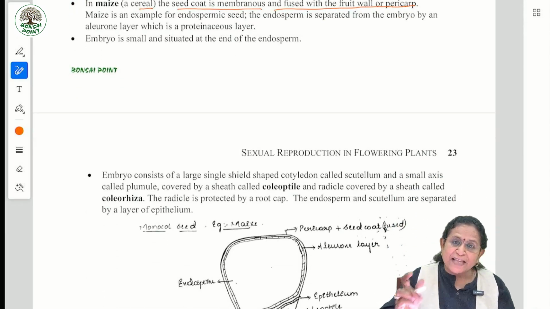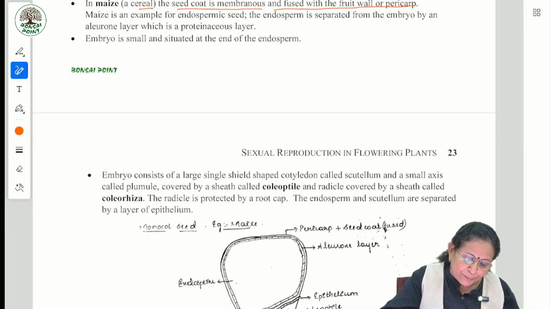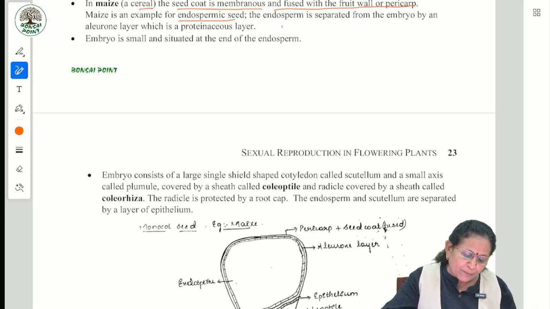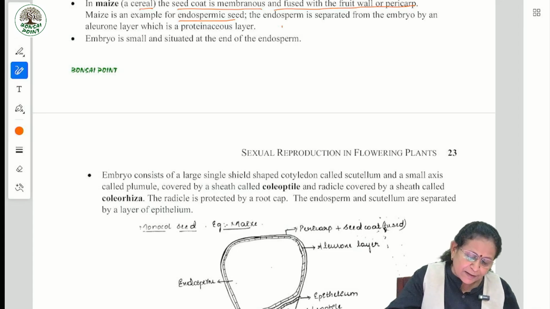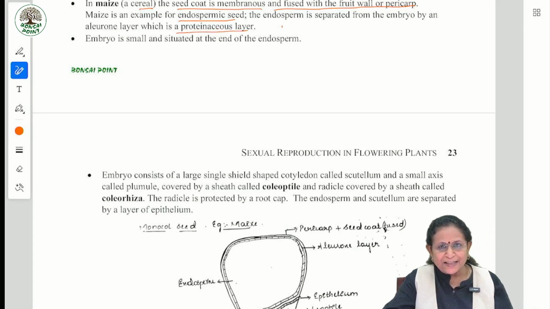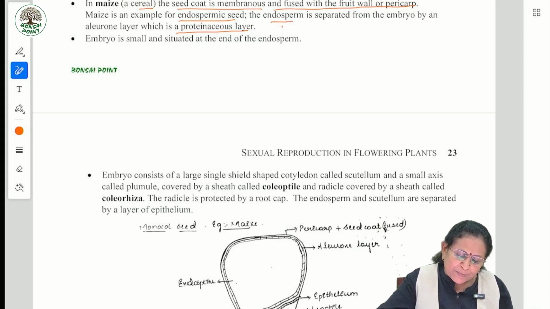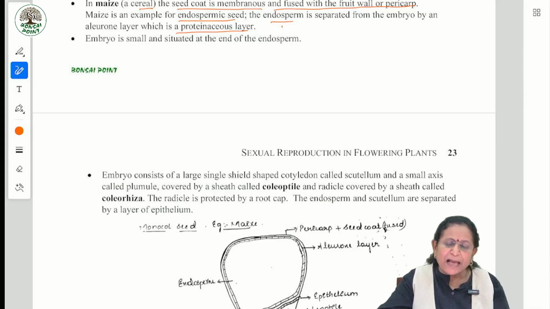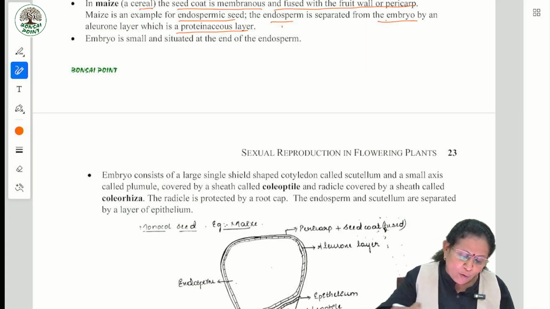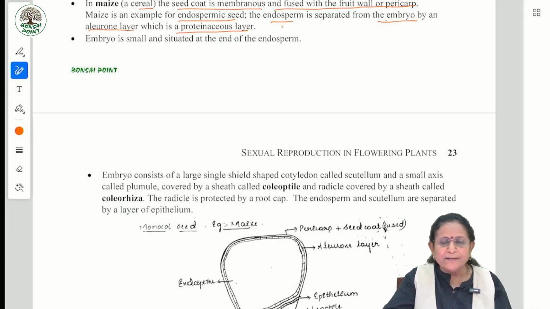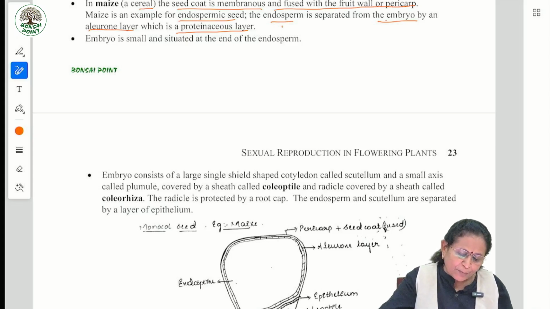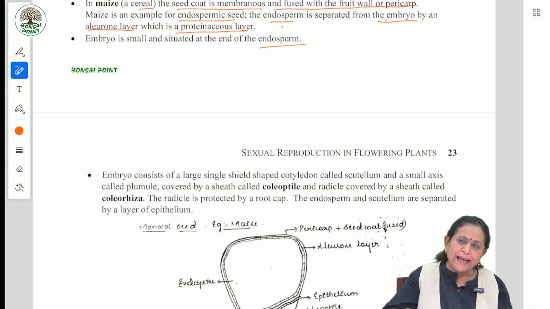Maize is an example of an endospermic seed. And the endosperm is separated from the embryo by an aleurone layer, a proteinaceous layer. Okay, we can see that the endosperm is being separated from the embryo by an aleurone layer. This is said to be a proteinaceous layer. The embryo is small and situated at the end of the endosperm.